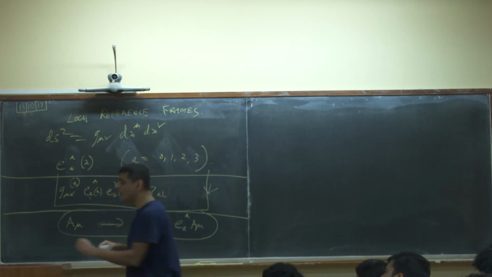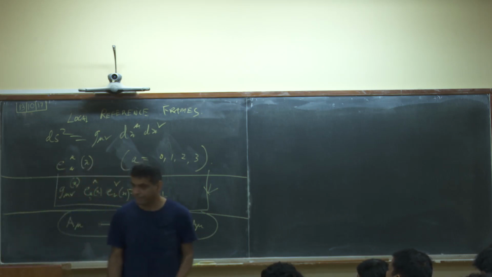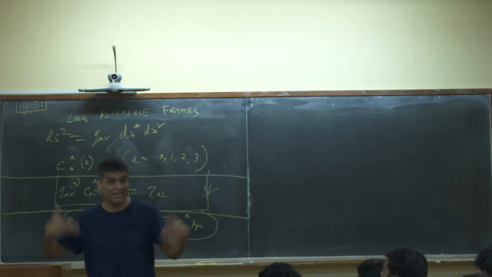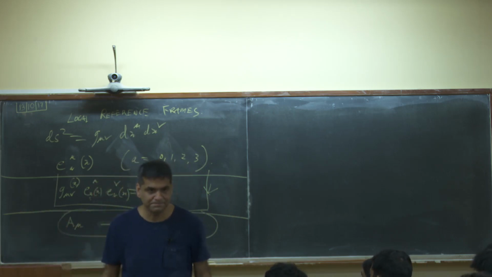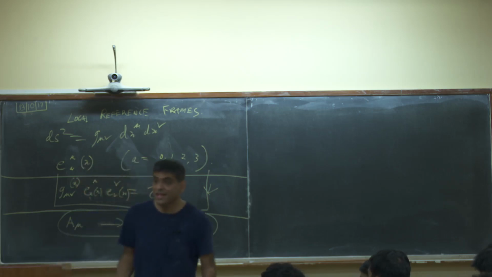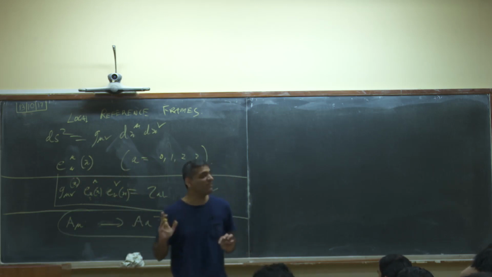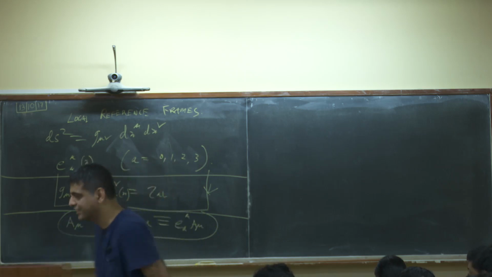Okay, there are three main motivations for what we're doing here. The first motivation is the one that you asked about last time, which is, how do you formulate Dirac's equation in general relativity? We'll try by the end of this lecture to formulate it. Okay, the second motivation is to understand in what sense general relativity is a gauge theory. And we're going to understand both of these as we go along in today's lecture.